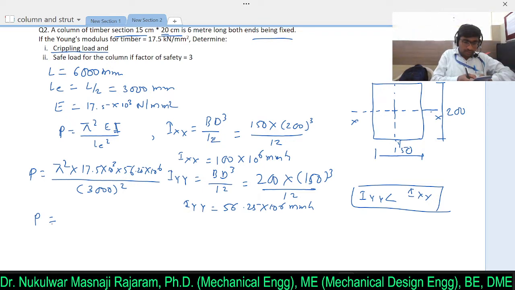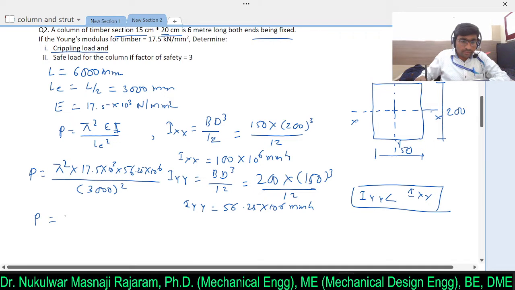Clear? Whatever you are taking in brackets, it must be proper. So the crippling load will be 1.079 into 10 raised to 6 Newton. Clear? So this will be the crippling load.